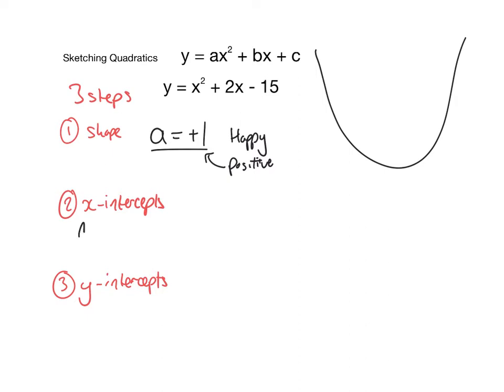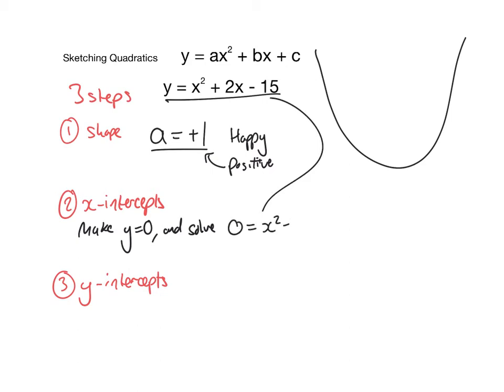Once we have the shape of the graph, we need to find the x-intercepts by making y equals 0 in the original equation and solving that equation. Now we've done solving quadratics recently, and that's what this turns into. We change our equation to make y equals 0, and in this case we can factorize.